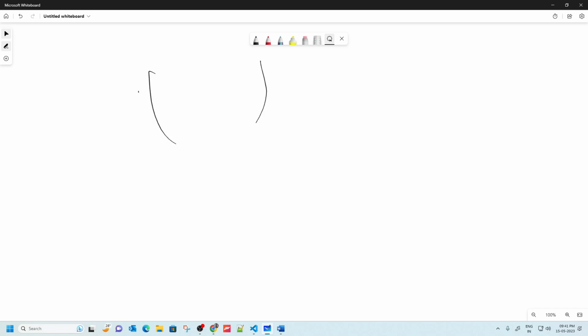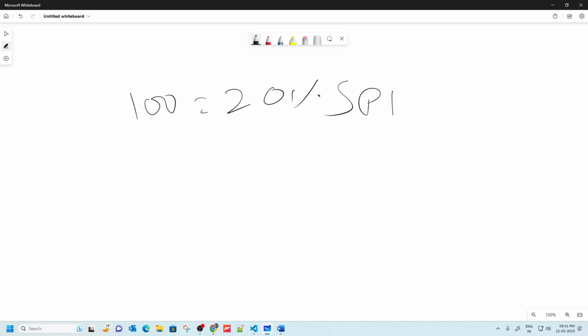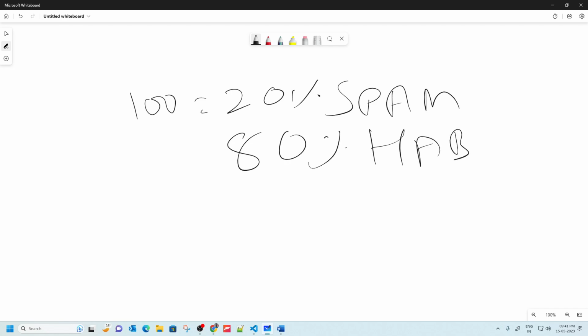Let's consider another example. Suppose you want to separate our emails into spam and ham, and we know that out of 100 emails, 20% are spam and 80% are ham.